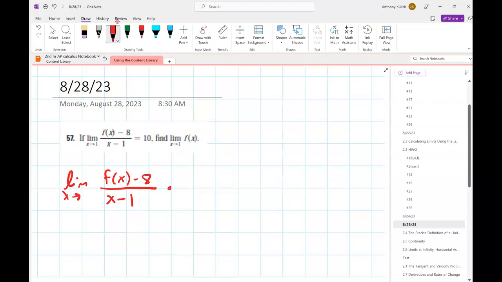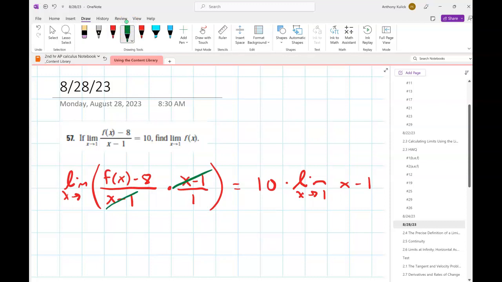So what I'm going to do is multiply the top and bottom of this by x minus 1. Now I have to do that inside of the limit. Maybe I write it here. So when I do that to both sides, I have to do one of these. So that stuff is going to cancel out now.